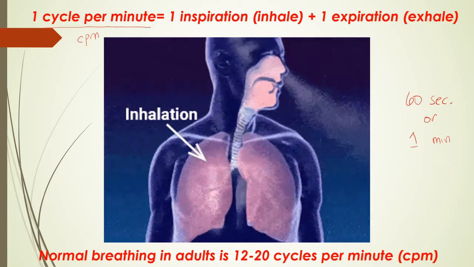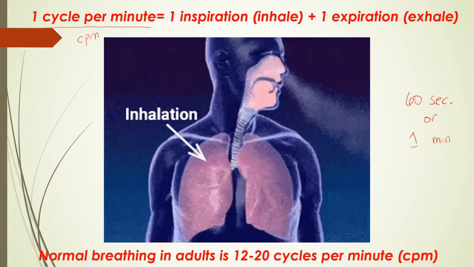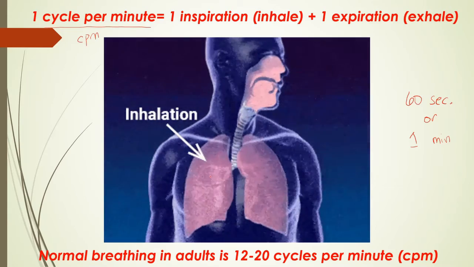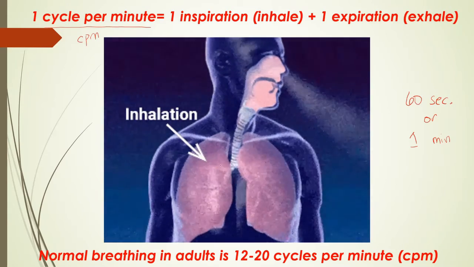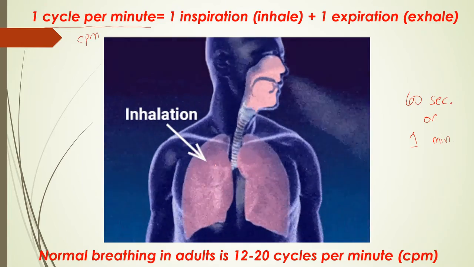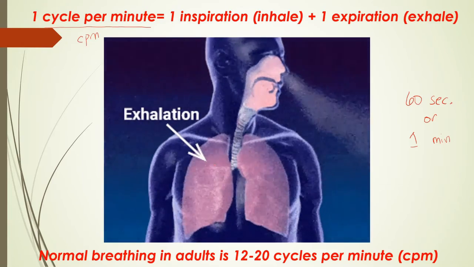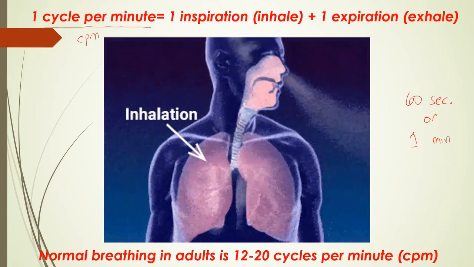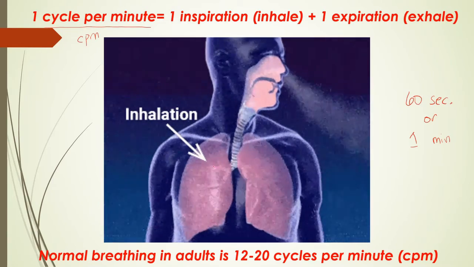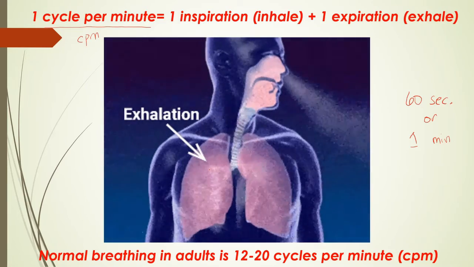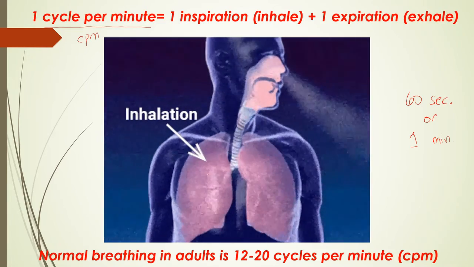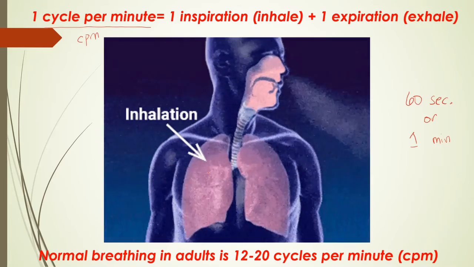So let's try to count. Inhale, exhale, that's one. Inhale, exhale, that's two. Inhale, exhale, that's three. Inhale, exhale, that's four. Inhale, exhale, that's five. So you are going to count inhale, exhale one, inhale, exhale two, for 60 seconds or 1 minute.